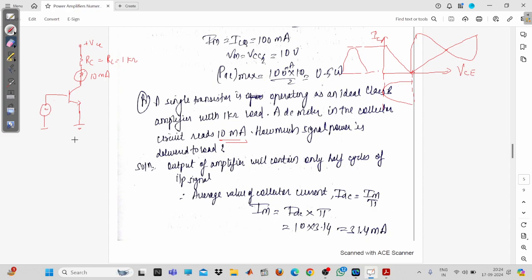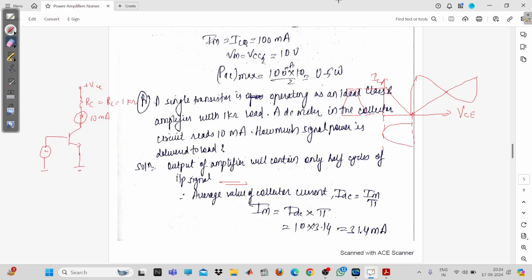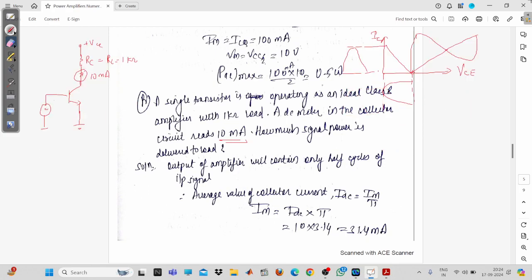From this load line characteristic, you can find that the collector current has only the half cycle of it. You are not going to have the full cycle in the collector current.